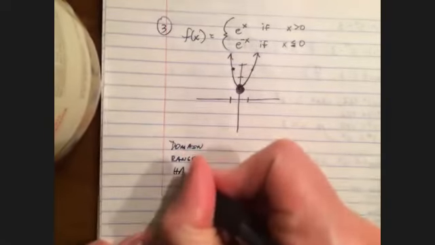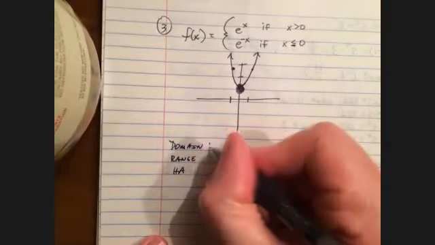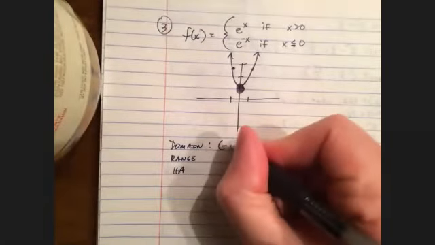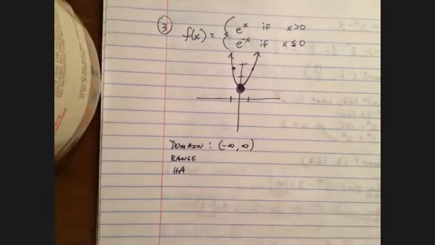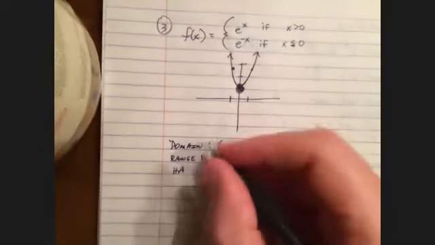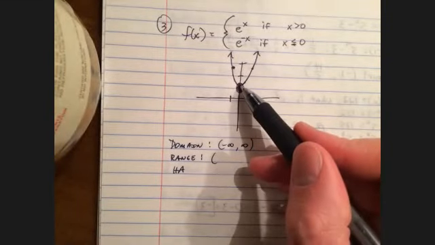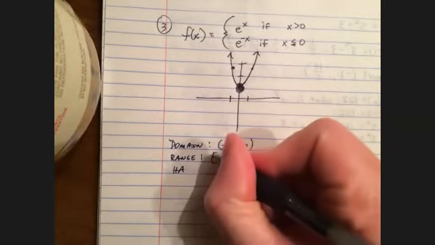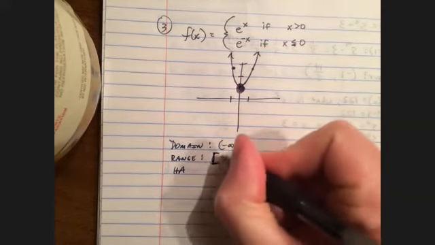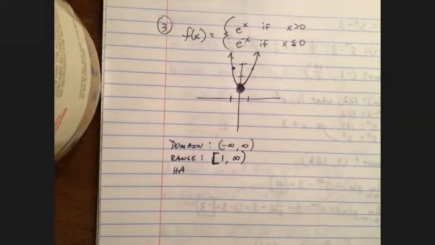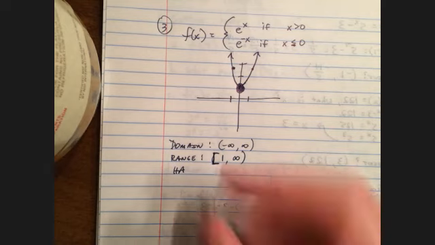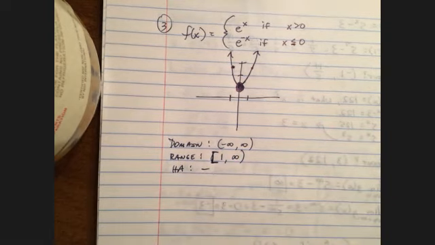Okay, so domain, everything, all real numbers. So negative infinity, infinity. Our range, well, it's going from the y value of 1 up, so that's inclusive, 1 to infinity. Horizontal asymptote, we don't have one.